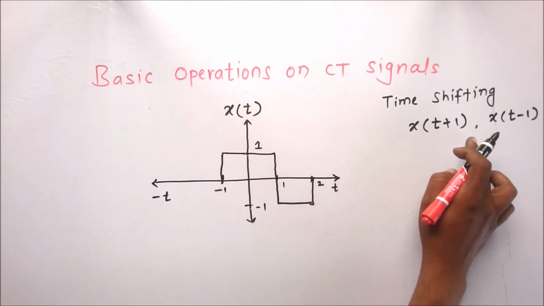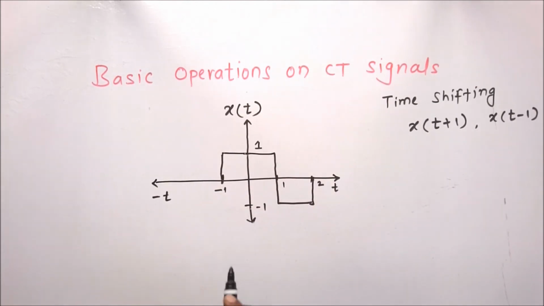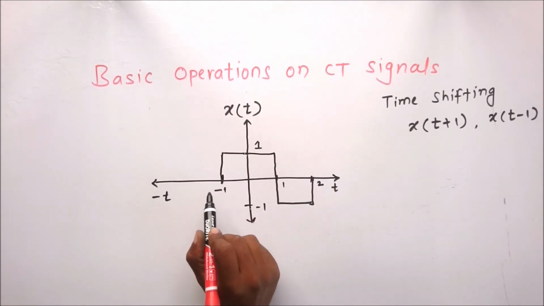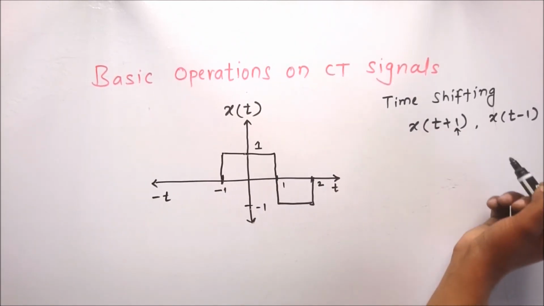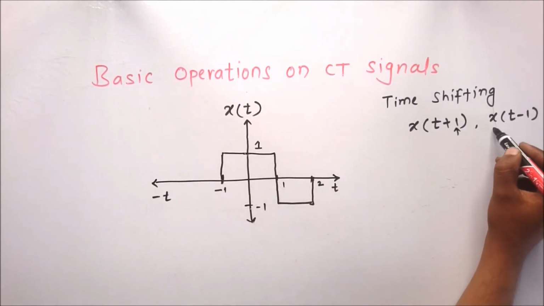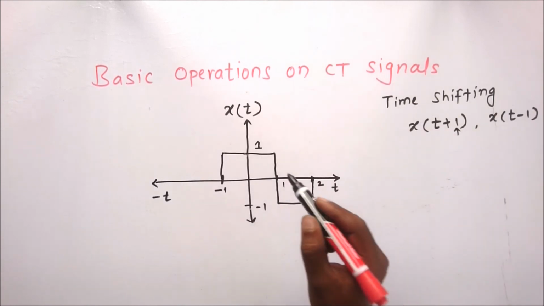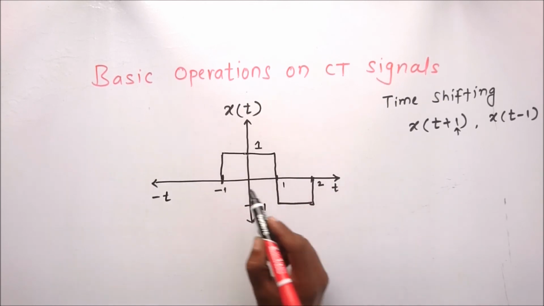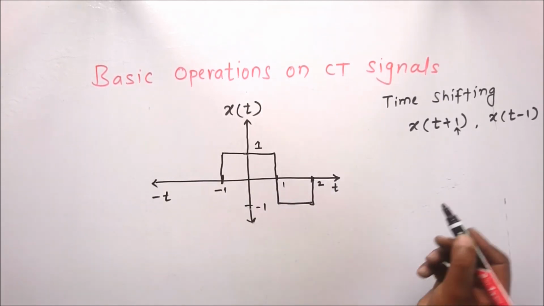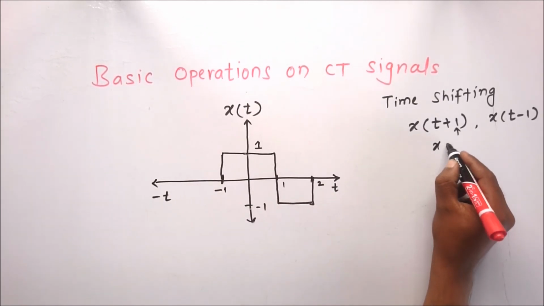If we operate x of t plus 1 on this signal, this particular signal will shift to the left hand side by 1 unit. And if it is x of t minus 1, the x of t signal will shift to the right hand side by 1 unit. Let's draw it. X of t plus 1.